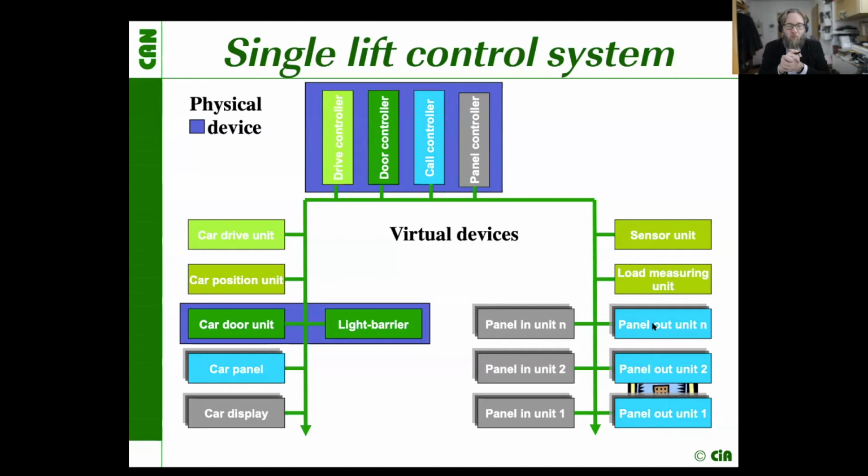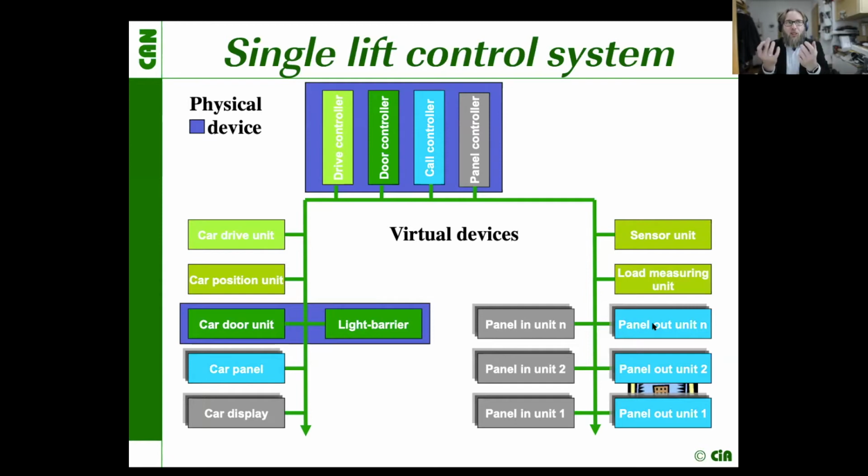With the car door, normally the door unit and light barrier are physically bound together, so it makes sense that it is the same physical device. But it doesn't have to be. We haven't defined it. And of course, the controllers are normally together as one control unit and one physical controller unit. But it doesn't have to be.